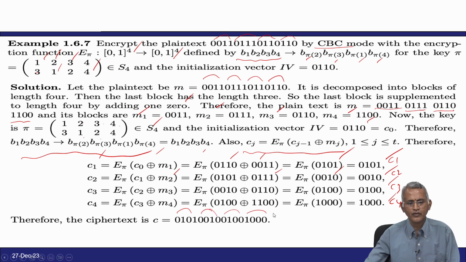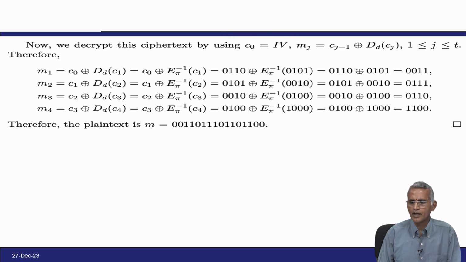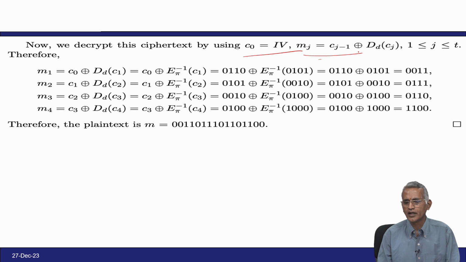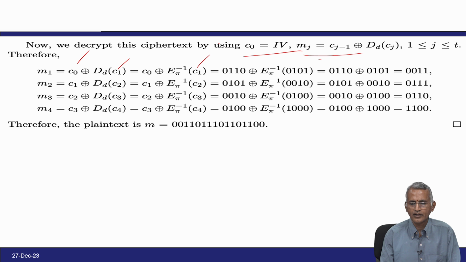Now we have to do the decryption of these. To decrypt the ciphertext, using C naught equal to the initial vector, Mj equals Cj minus 1 plus Dd of Cj. So, C naught you know, and Dd of C1 we have already done, it is E pi inverse of C1, that is, you backtrack. So E pi inverse gives back 0101, and then using the symmetric difference, XOR mapping, we add them and have this value.